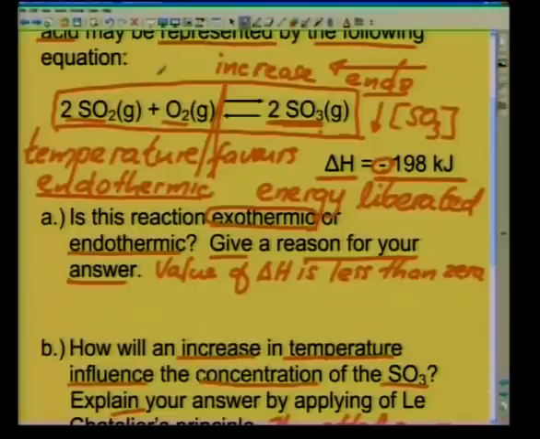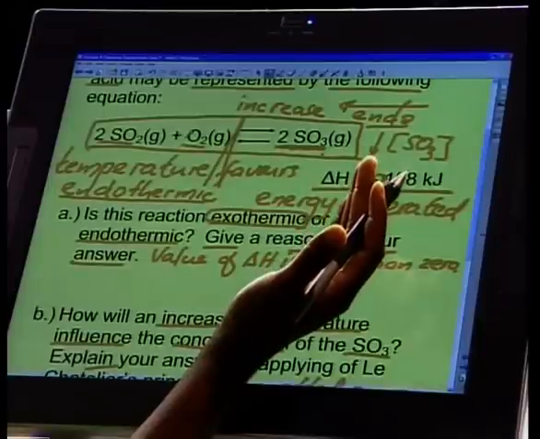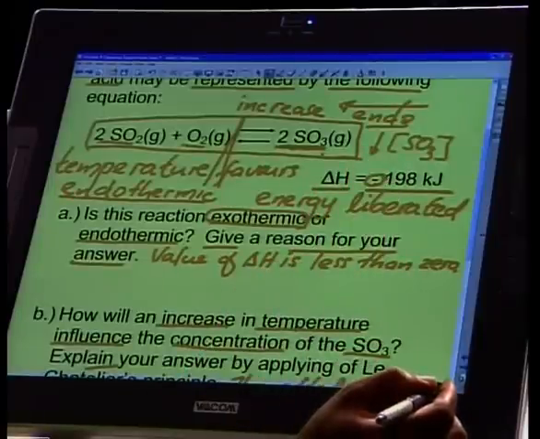So we can drop the temperature. Okay, that's one thing. What else can we do? We can increase the concentrations of either SO2 or O2. We'll be pushing it to the right in that way. And what else can we do? I think those are the two things we can do.